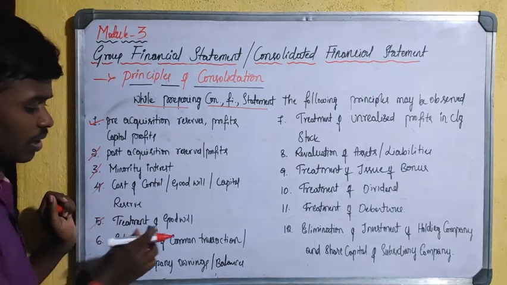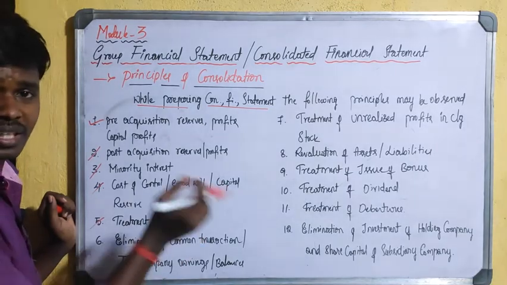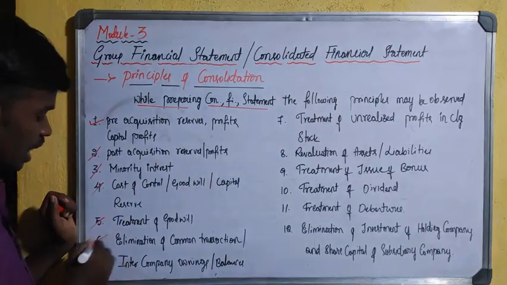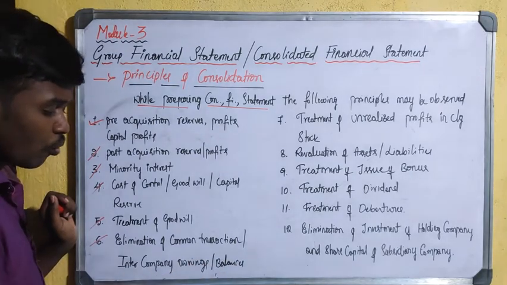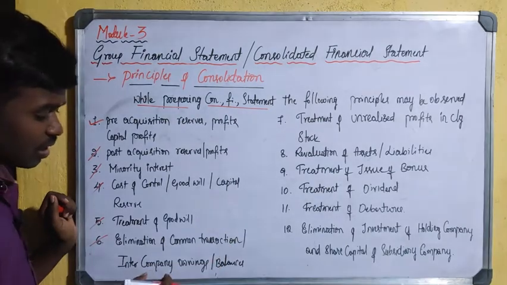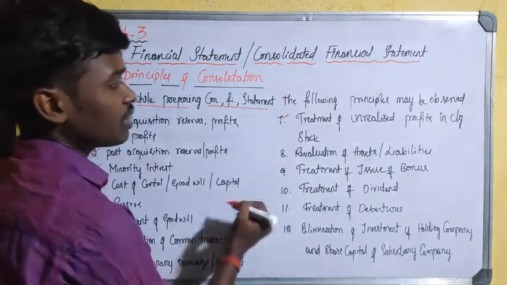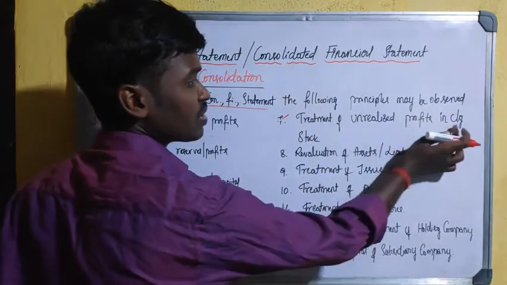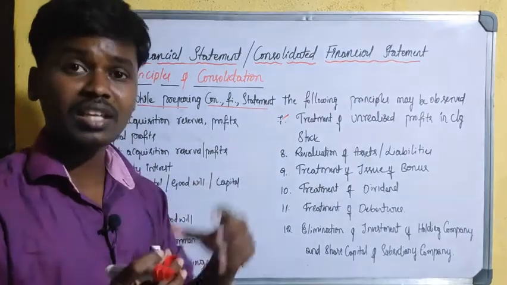Fifth one, treatment of goodwill, that is how to treat the goodwill while preparing the consolidated financial statement, and elimination of common transactions or intercompany owings or balances. This common transactions is also called intercompany owings. Next, seventh one, treatment of unrealized profits in closing stock. That is how to treat the unrealized profits in closing stock.